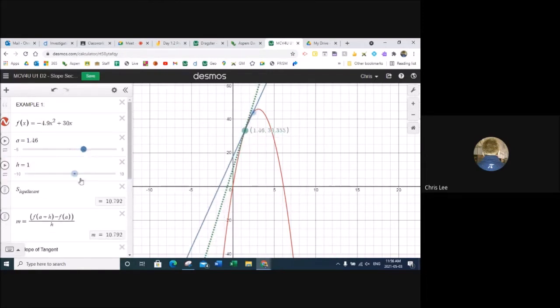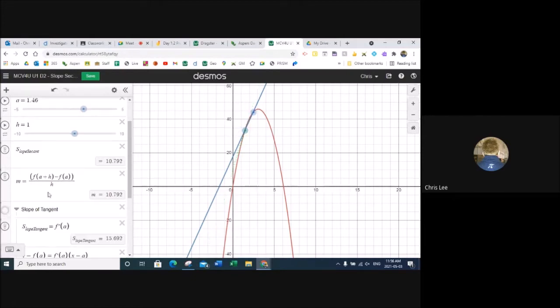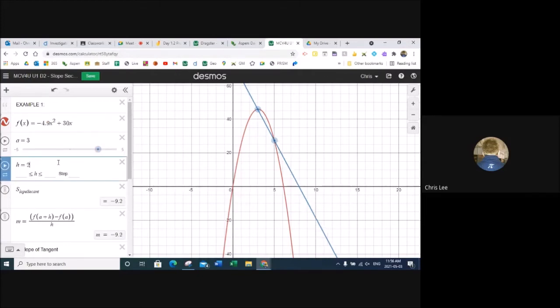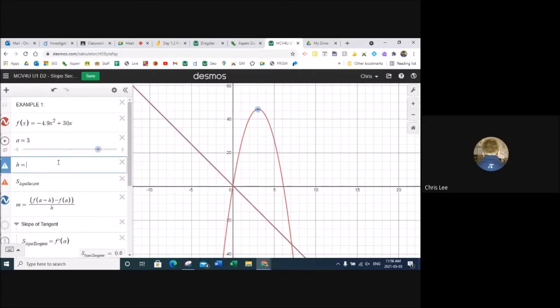So the second question, I'm just going to turn off the tangent. The second question asks us to investigate at x equals 3. So I'm going to move a to 3. A is 3, good. Okay, and we're going to put h at 0.1.